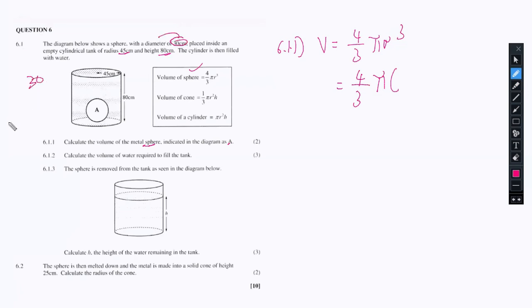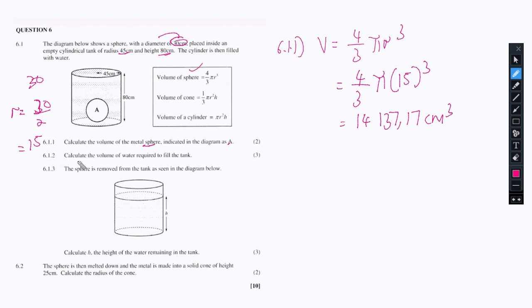Diameter is 30, but we know radius is half of the diameter, so it's 30 divided by 2, which means we have to put 15. So this is 15 and then cube that. If you punch all that into your calculator, you are getting 14,137.17 centimeter cube. Right, so for 2 marks, that's all you needed to do.